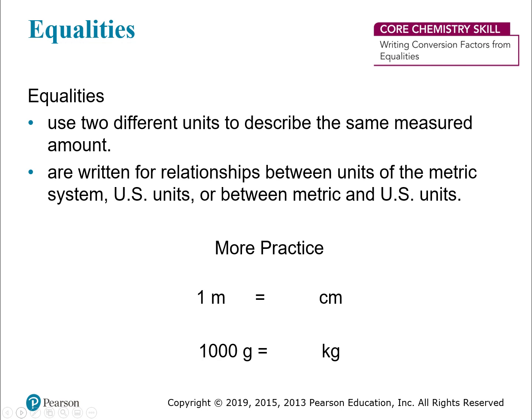Let's do a little bit more practice. So have that table handy because it will help you. Let's fill in these blanks. You can pause and try to fill it in on your own, and then watch me as I fill it in. 1 meter is equal to how many centimeters? On the table, you're going to see 10 to the minus 2 for centi.